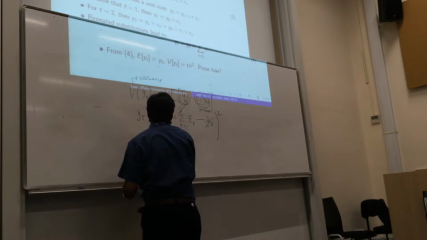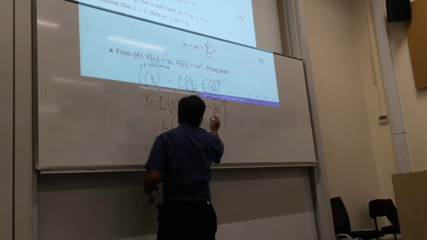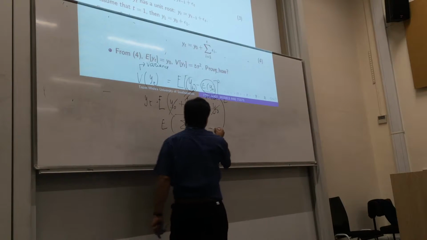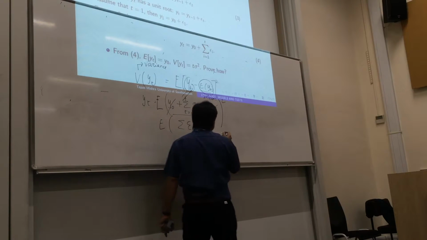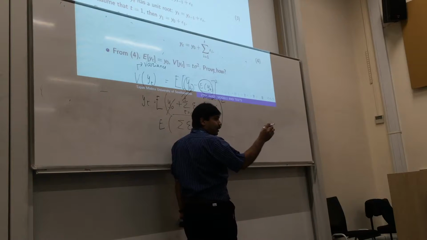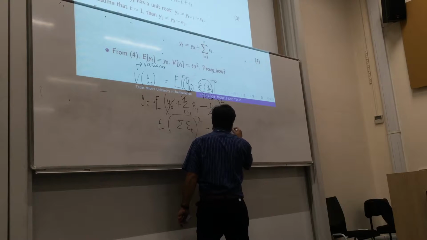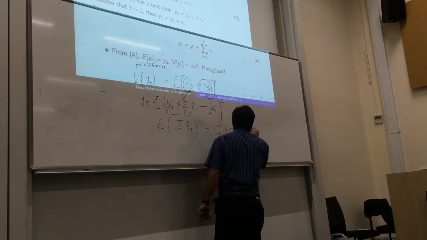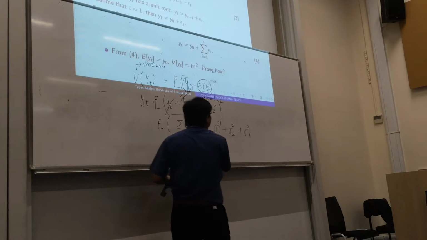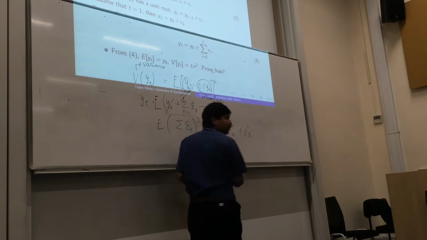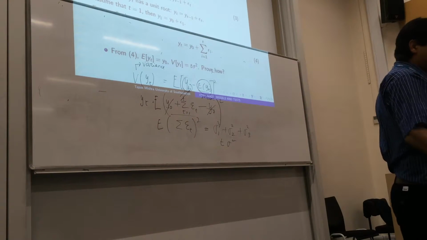The only thing we have here is the expectation of the sum of epsilon t, squared, which is equal to, tell me, sigma square 1 plus sigma square 2 plus sigma square 3, and likewise we continue. If I add all of that, it will be t sigma square. So if I have t number of time periods, 50 years, 60 years, it will be t sigma square.